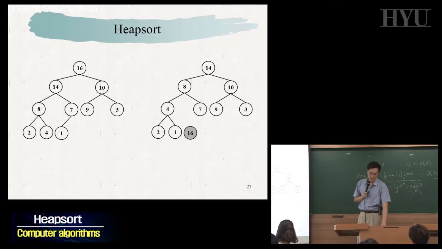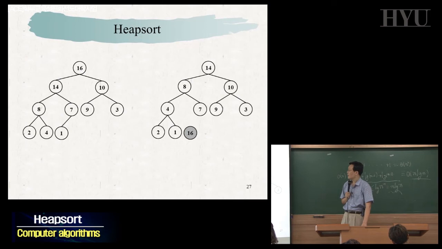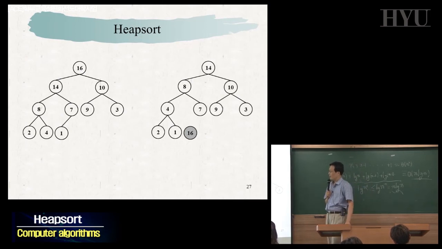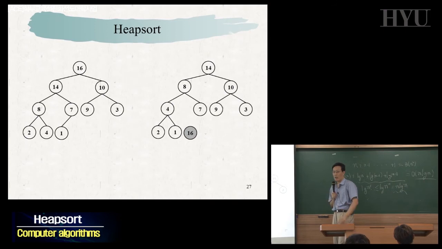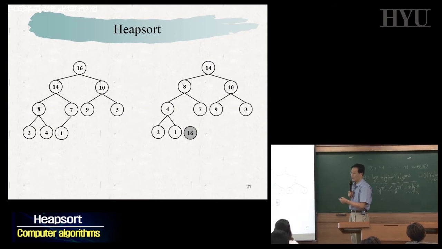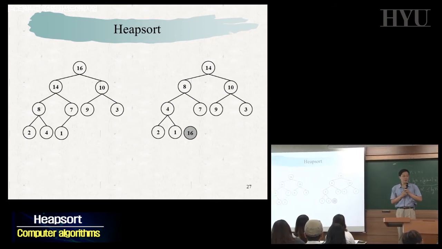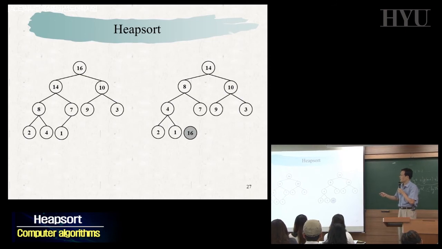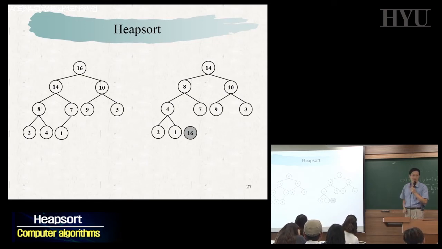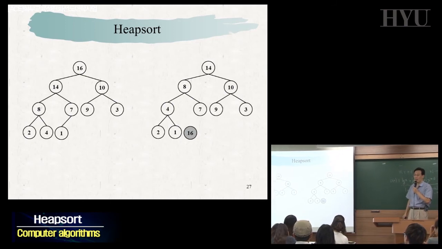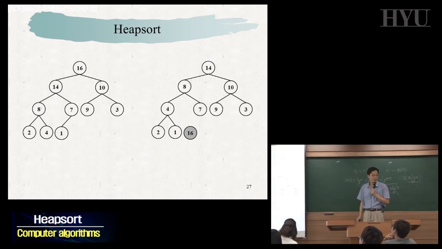Okay, let's, and I will explain it again using an example. This is a heap. First, we extract 16, and then 1 is moved to the root, and it traverses down along this path. So we get a new heap like this, and 16 is extracted. And then 14 is extracted.